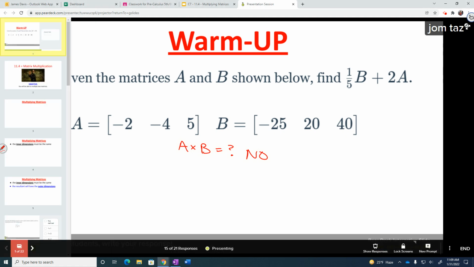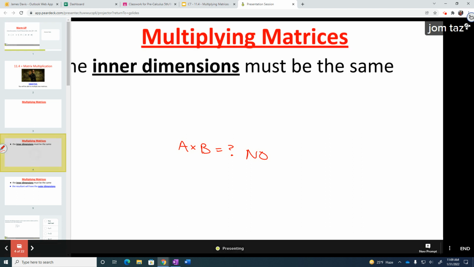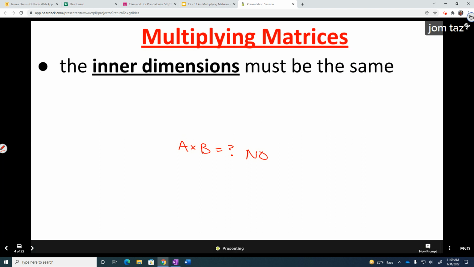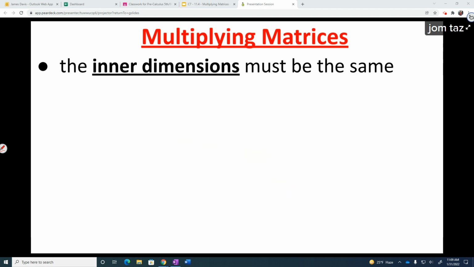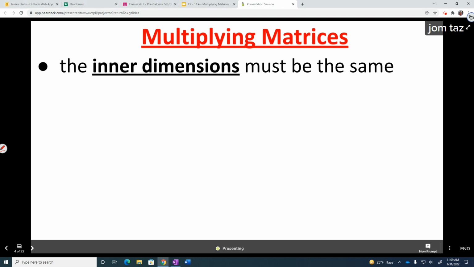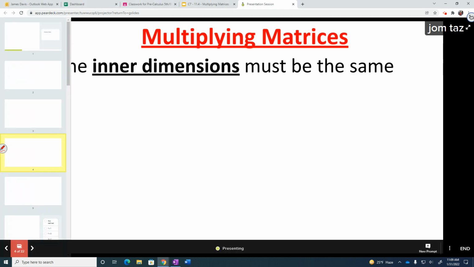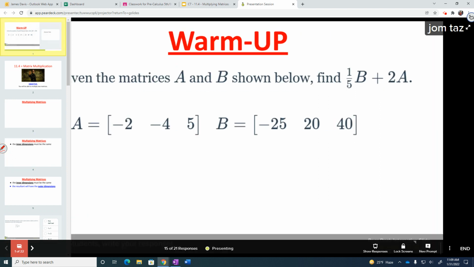So when we're determining if something can be multiplied, how we determine that is we say that the inner dimensions must be the same. And I'll explain what that inner dimensions term means here. So when I write out two matrices, let's say I take that warm-up question, what are the dimensions of these two matrices?